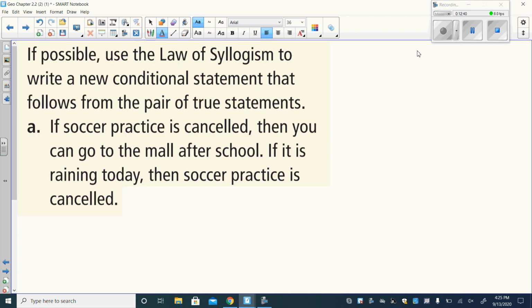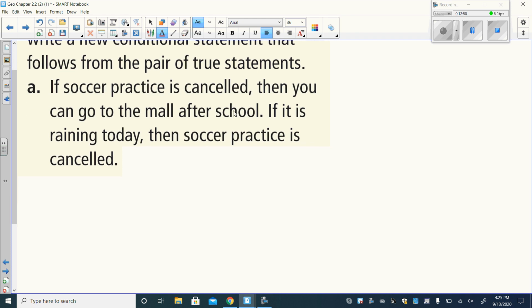So we have two more left, and then we're going to be done for this here, and we'll pick this up tomorrow. The first one out of the last two is: if possible, use the law of syllogism to write a new statement from the pair of statements. If soccer practice is canceled, then you can go to the mall after school. If it's raining today, then soccer practice is canceled.